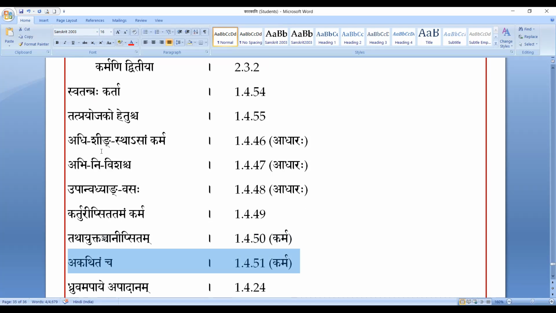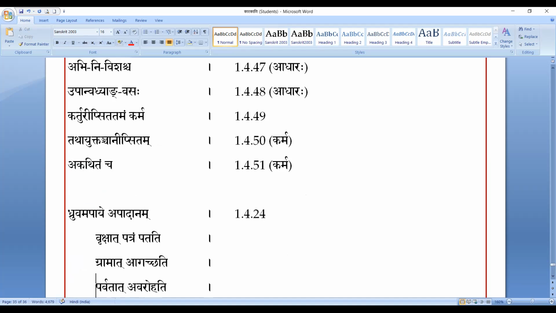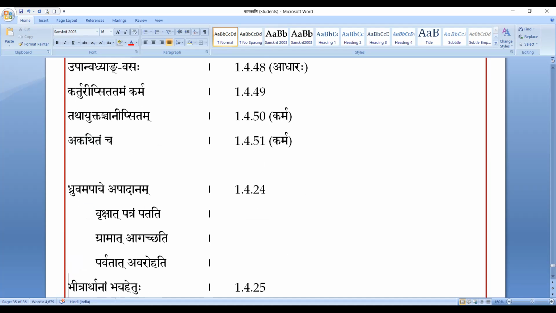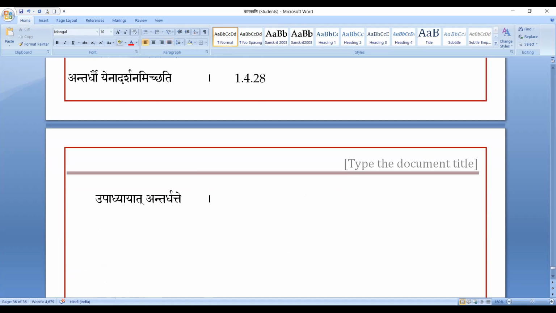I'll give some examples later; I'll send them to you. There we saw that it will assign Karma Karaka to a word which cannot take any other Karaka, and therefore Dvitiya Vibhakti. And after that comes Tritiya Vibhakti, Karana Karaka, which will be assigned Tritiya Vibhakti, that we will see. That is the sutram for that.